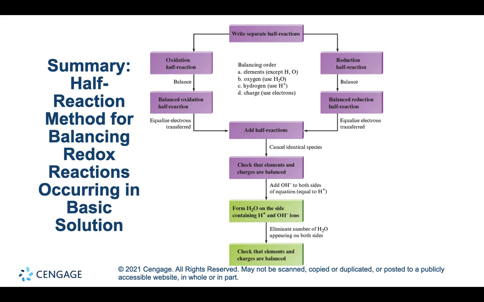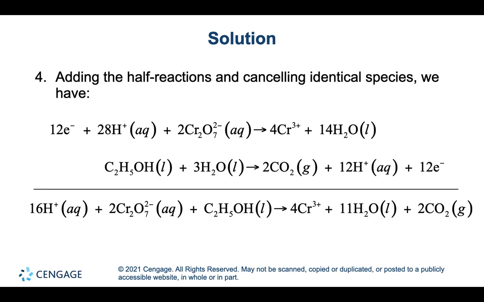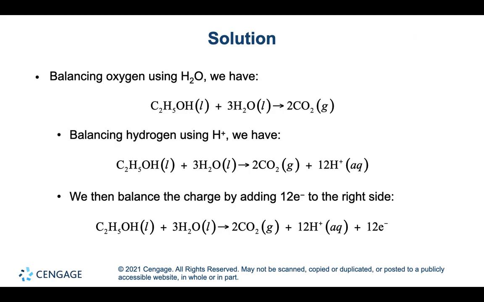We also learned that for a basic solution, it adds a couple of steps. You have to take your H plus ions and add OH minuses to both sides to neutralize the H pluses and produce waters, and then cancel the waters out on both sides until you get down to the simplest number of waters. So you can go back through the notes and see these examples that we did.